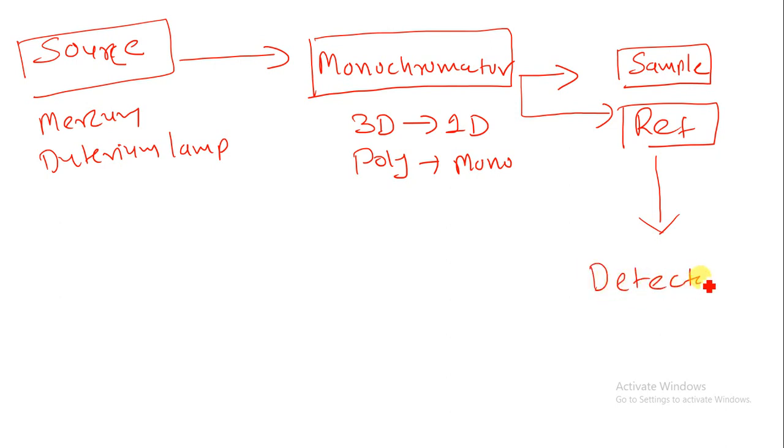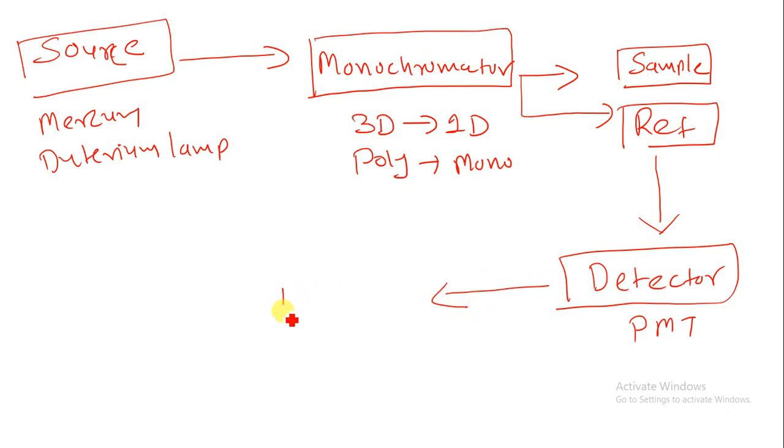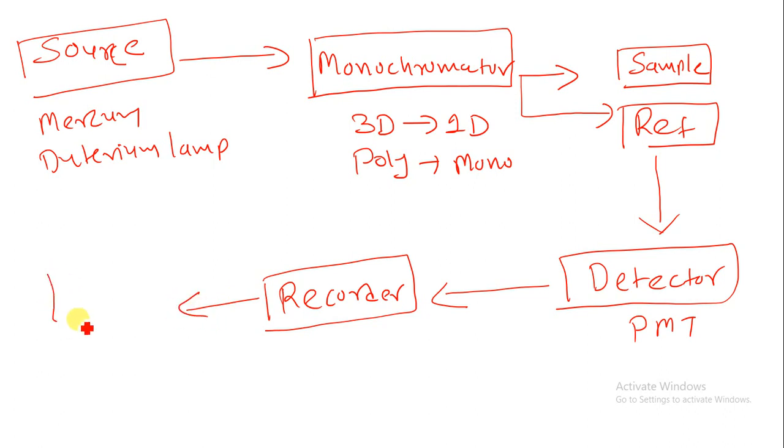As the detector we use a photomultiplier tube. The detector allows the recorder, which is a computer, to record a graph with lambda maximum and absorbance, showing the wavelength and the absorbance we have.